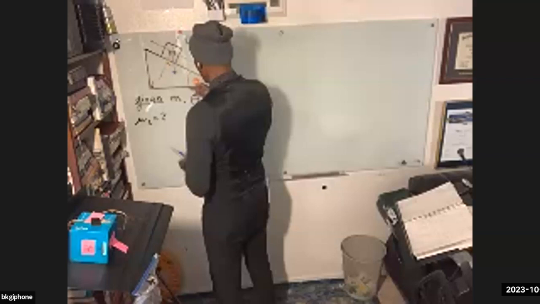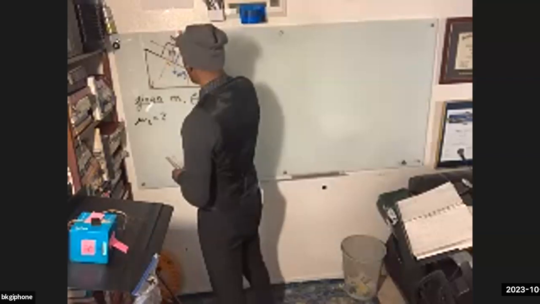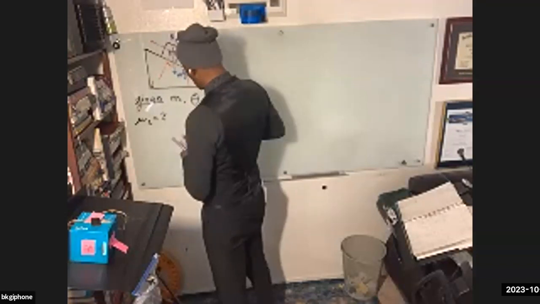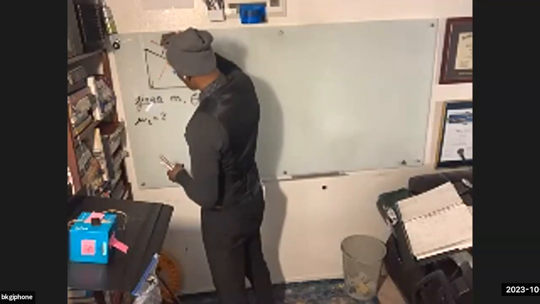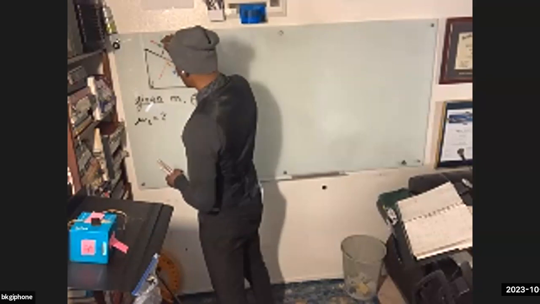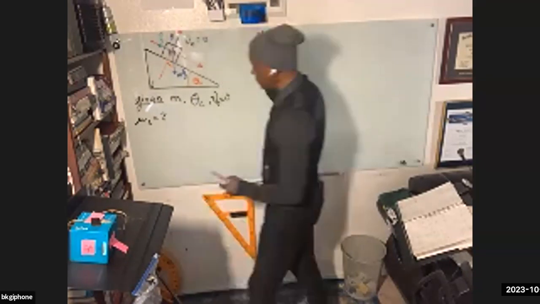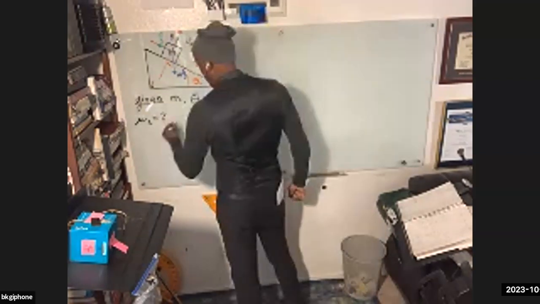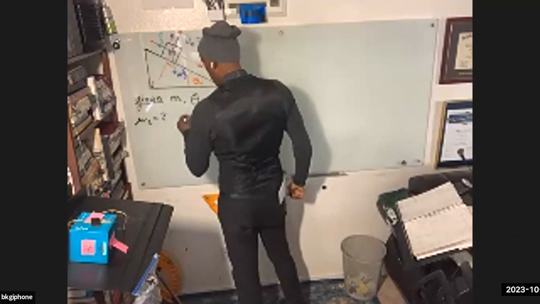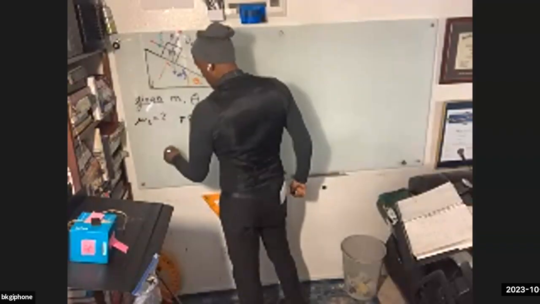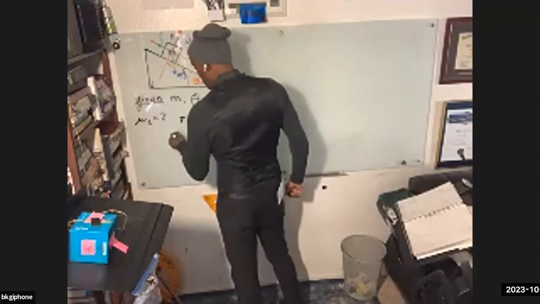Technically, there's just three forces, right? There's mg, there is the normal force, and then there's a frictional force. When we do the free body diagram, you just go ahead and jump right into that. We got the normal force straight up.